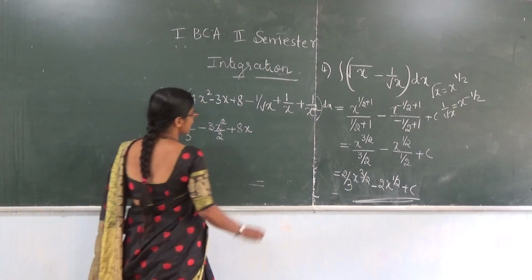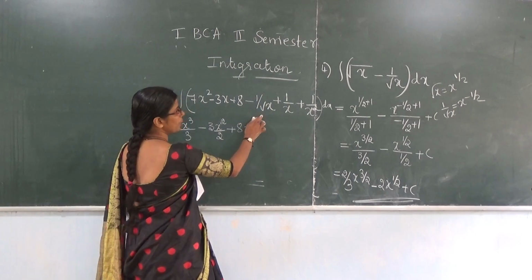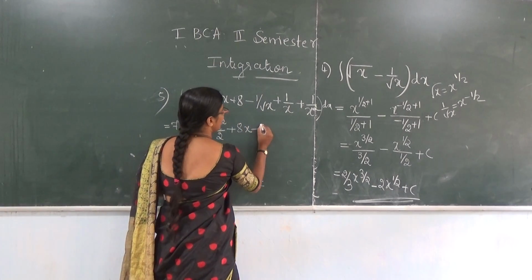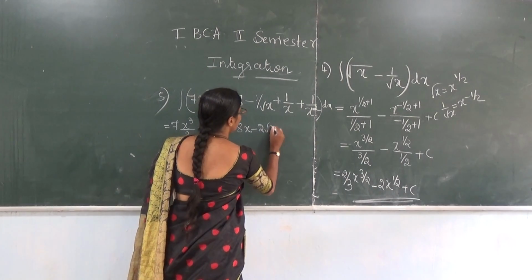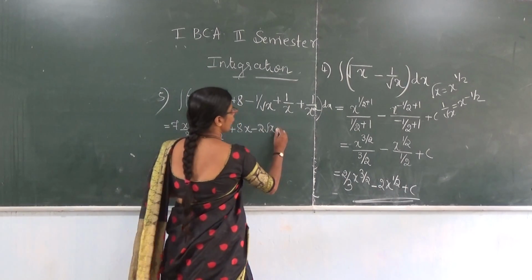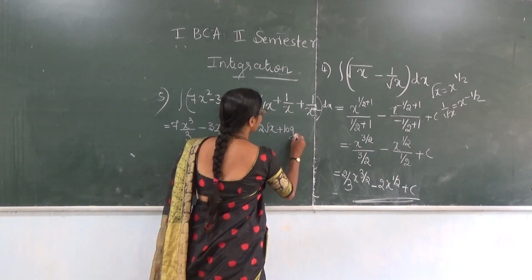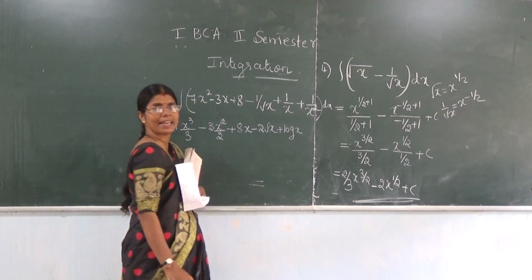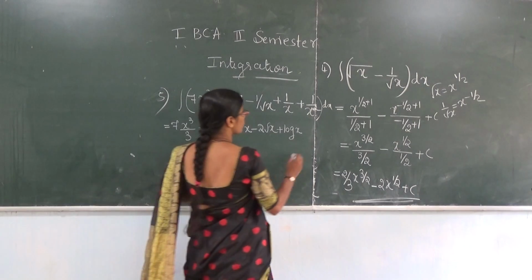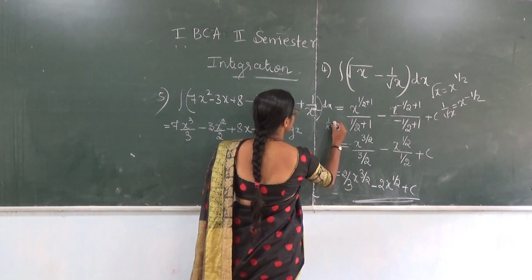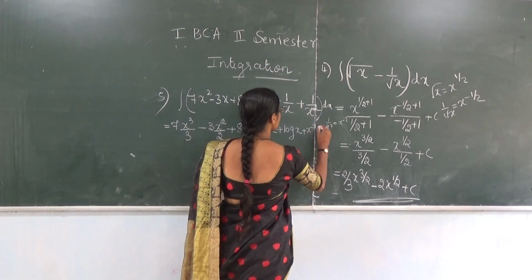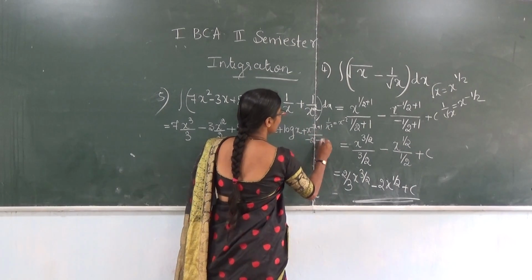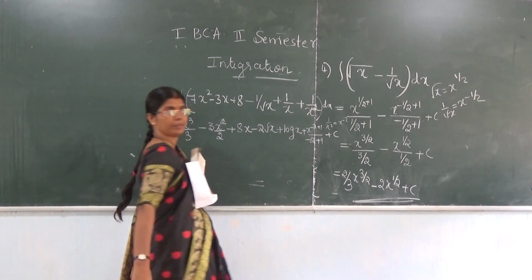1 by root x, the integral is 2 root x. Integral of 1 by x is log x, and 1 by x square means x to the power minus 2. So that becomes x to the power minus 2 plus 1 divided by minus 2 plus 1.